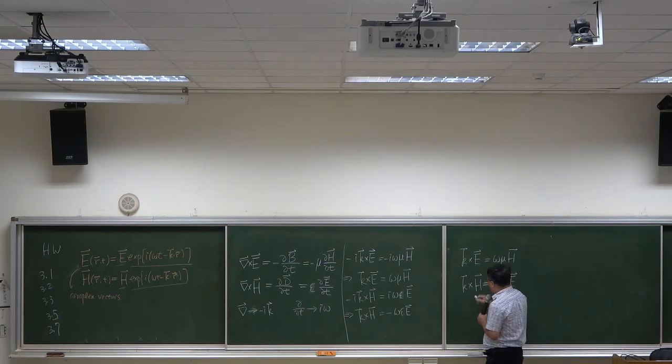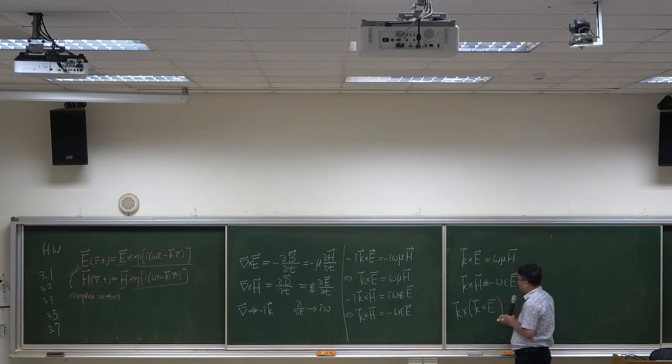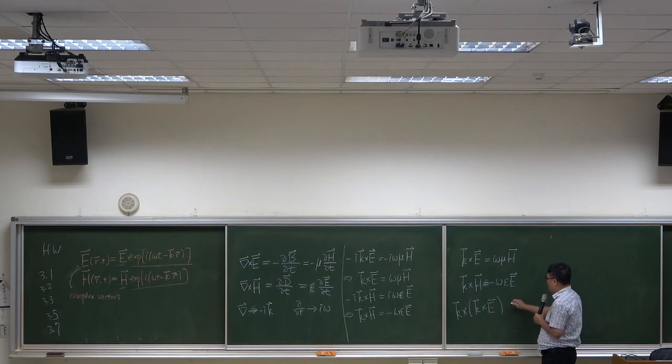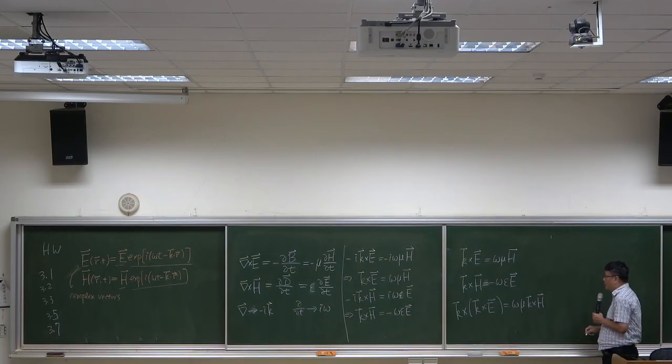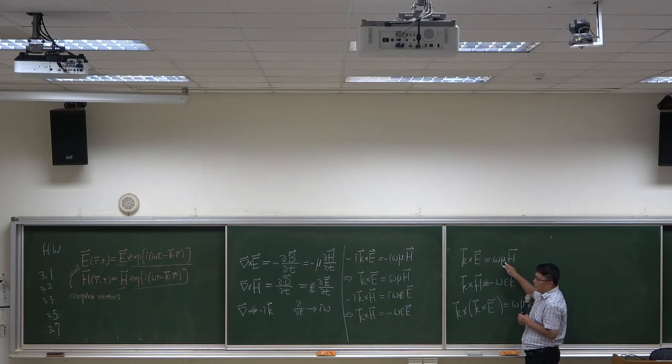So now we do the operation k cross, k cross E, and I get omega mu k cross H. Remember that now mu is a number, not a matrix.